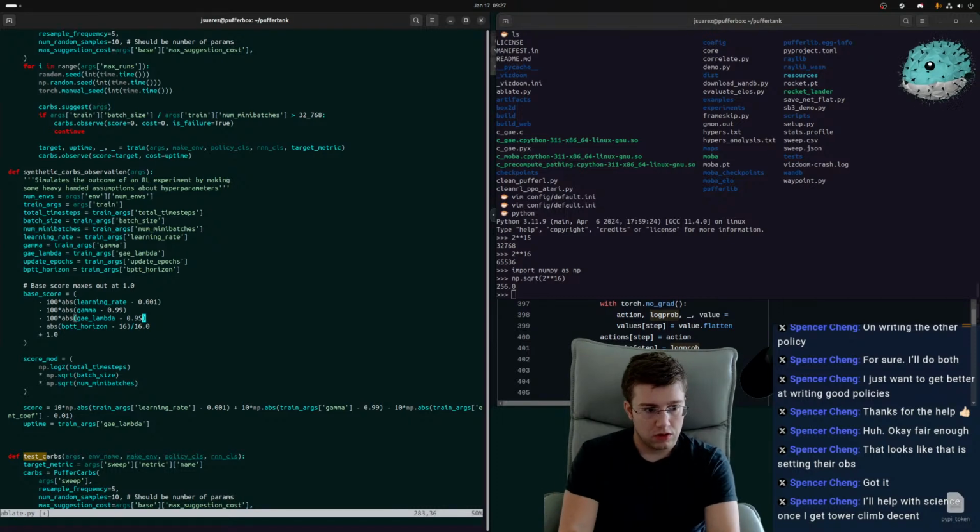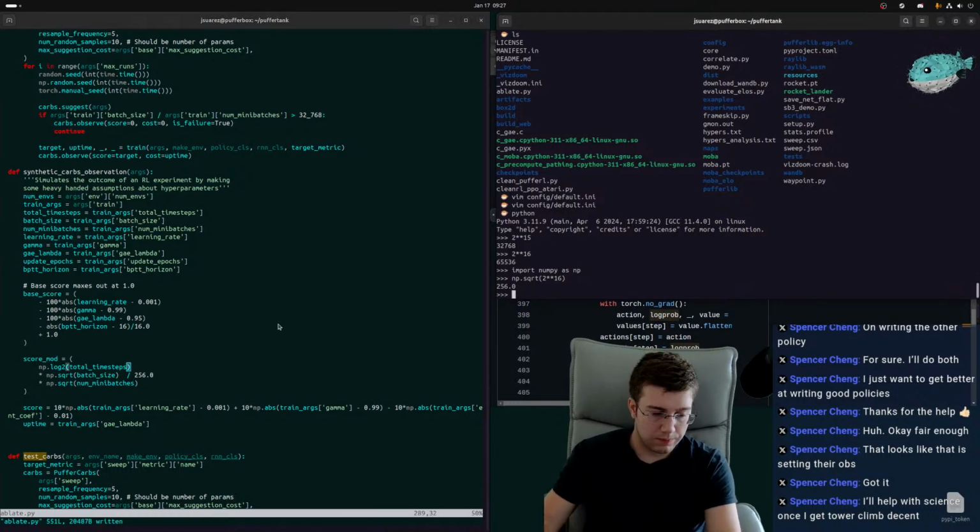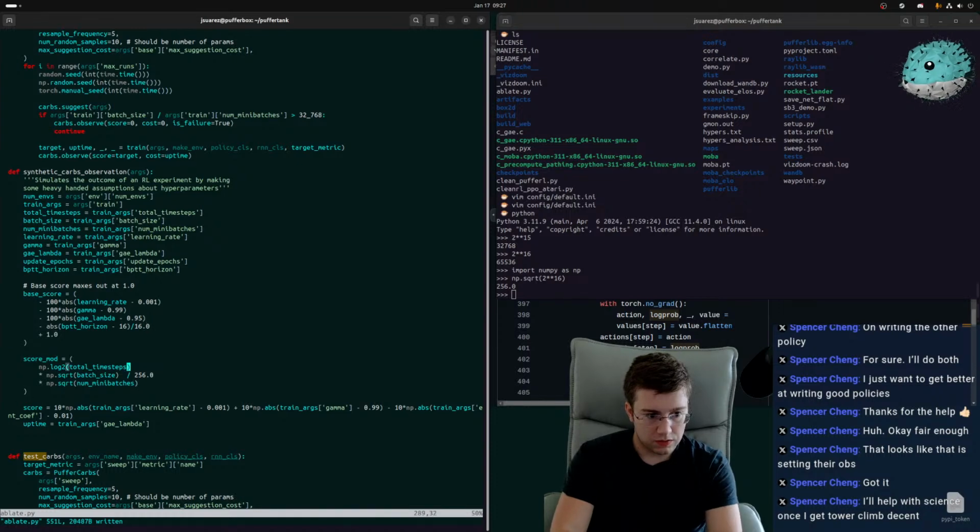Okay, 8th. 256. Oh, and then I got to do total time steps. This has got to be divided by numpy log 2. Okay, and I can actually just do numpy, that's 6, 5, 6. Okay. And then times square root of num mini batches is fine.